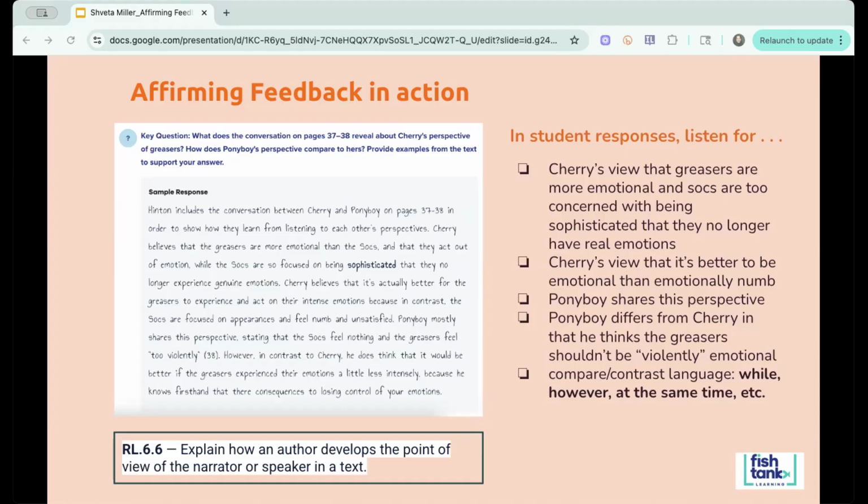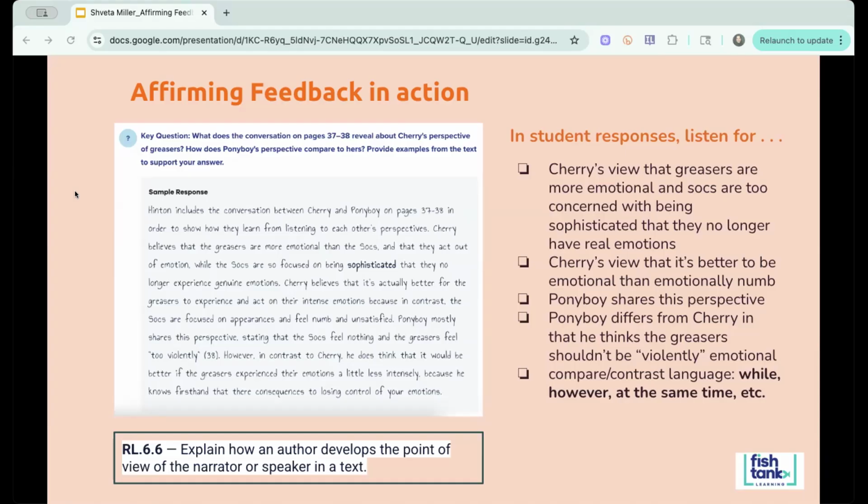But Ponyboy differs in a very unique way because he's had this lived experience with greasers to know that true, raw, authentic emotion actually also leads to violence, and that he feels like they need more balance in the emotion that they feel. So you'd really be listening for: do they get that key difference? While the similarity would be something more students may observe. You may also listen for compare and contrast language, like while, however, at the same time.